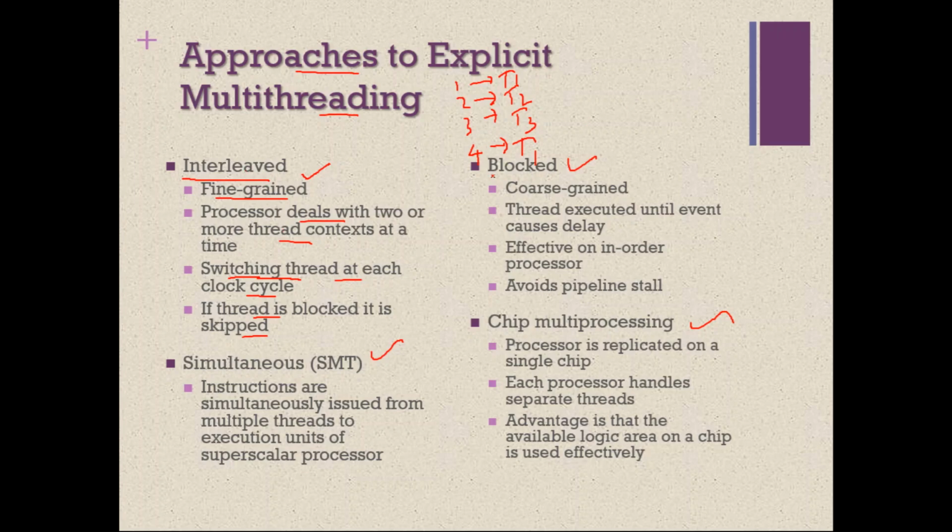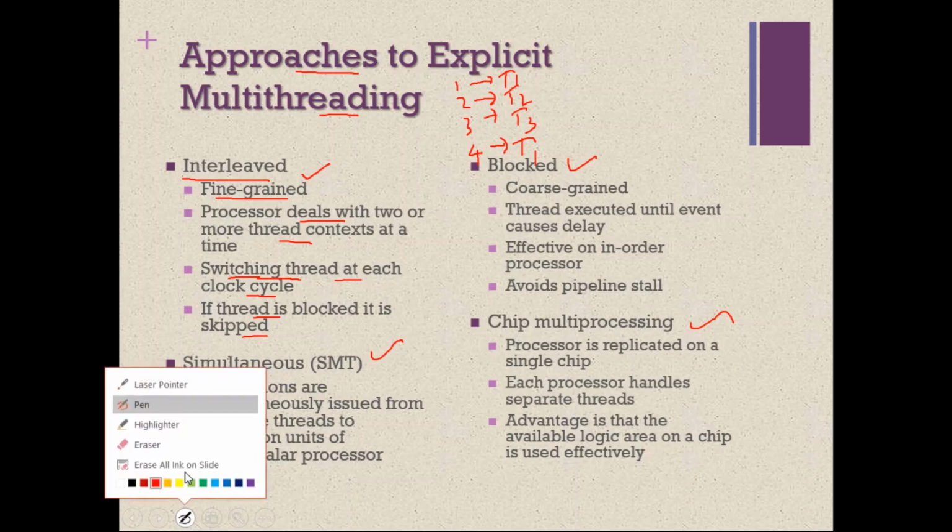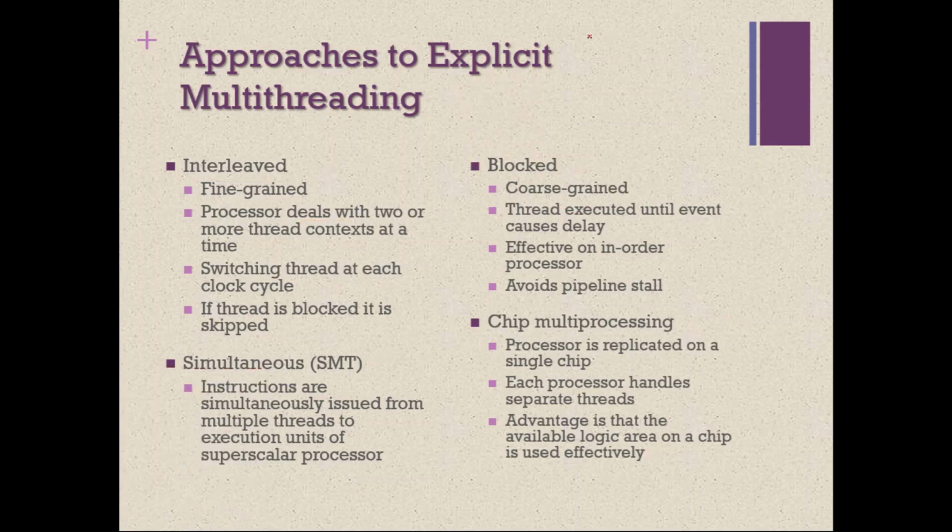The second is the blocked approach. Blocked is also called the coarse-grained approach. Assume that the system contains three threads, T1, T2 and T3, for simplicity. With coarse-grained multi-threading, the processor will keep executing T1. It won't context switch just like that. It will keep executing T1 as long as T1 does not enter into a wait state.